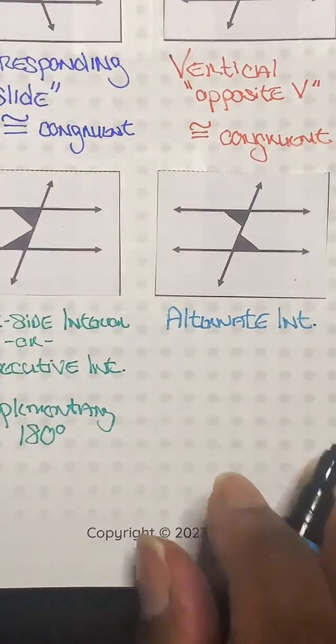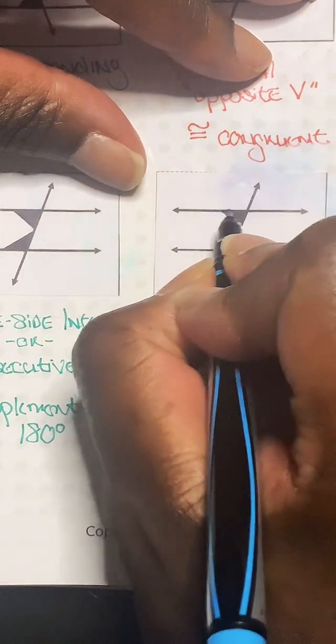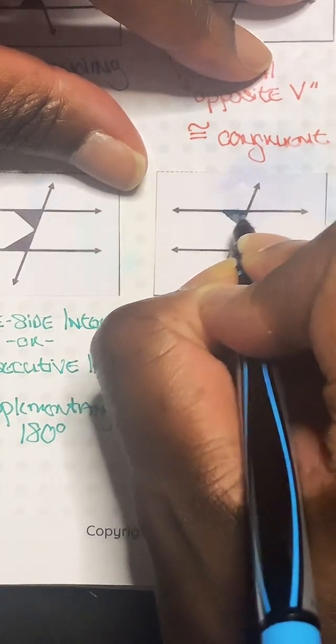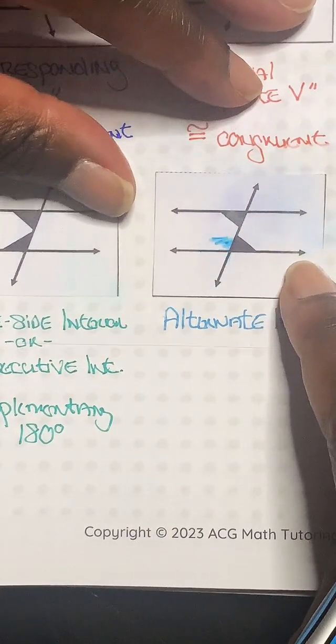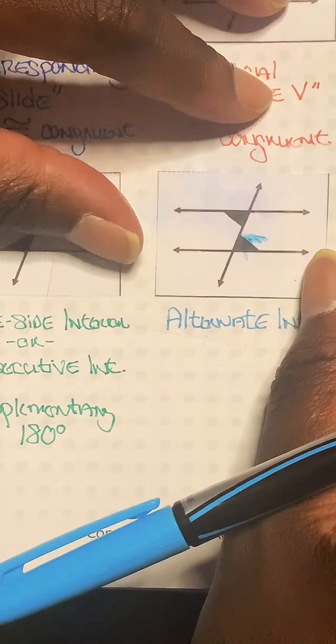And just like Michael mentioned, if we trace this angle up here and I try to slide it in the transversal, it's not going to be exactly the same. Even if I flip it to the other side, it's not going to be exactly the same.